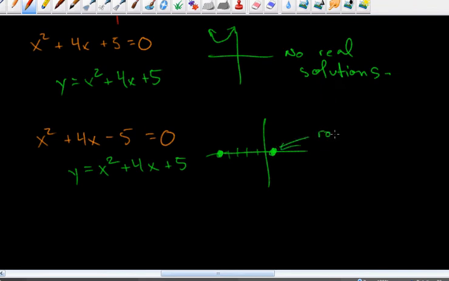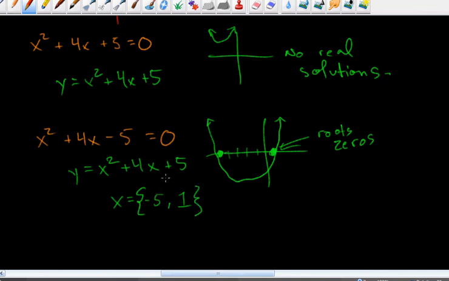These points, called the roots, or zeros of the graph, are the solutions. So, to solve this equation, we get x equals negative 5, or x equals positive 1. We put it in these little square brackets to show that the set of numbers that solves the equation is negative 5 and positive 1.